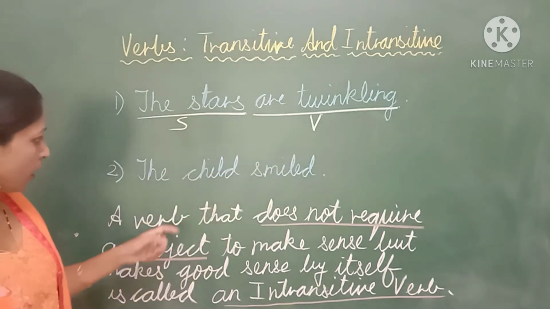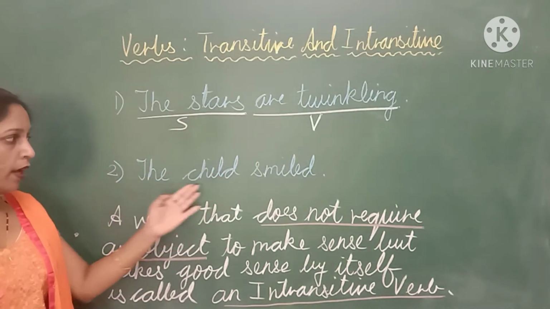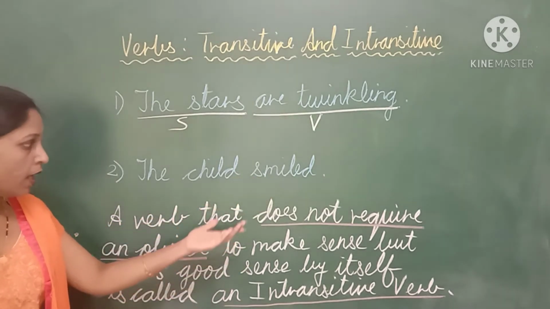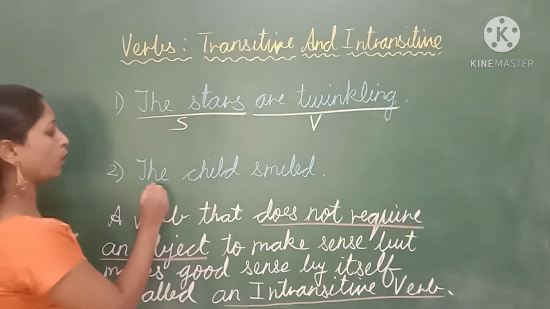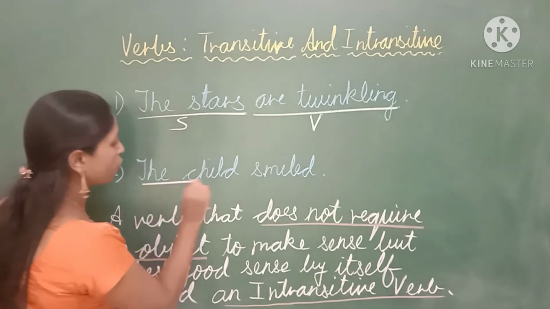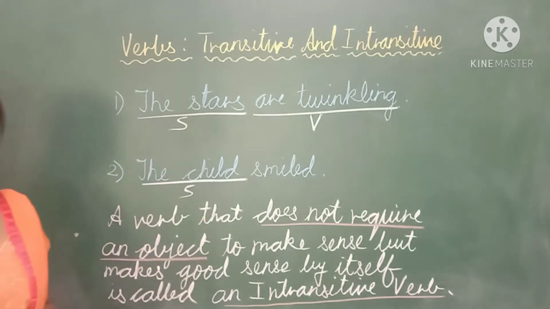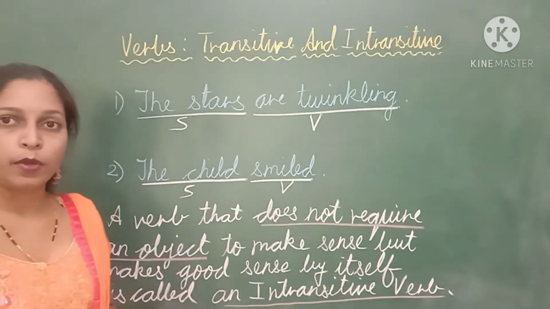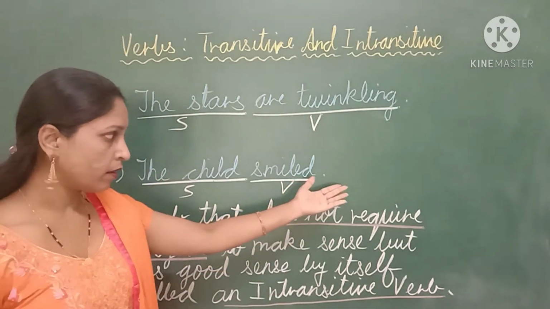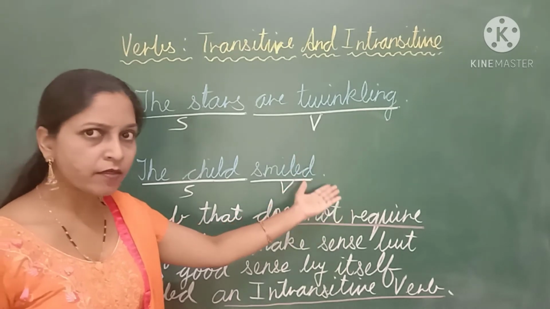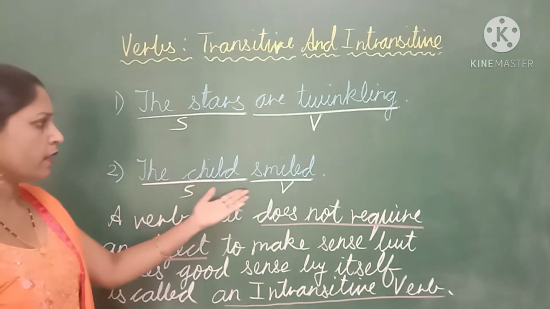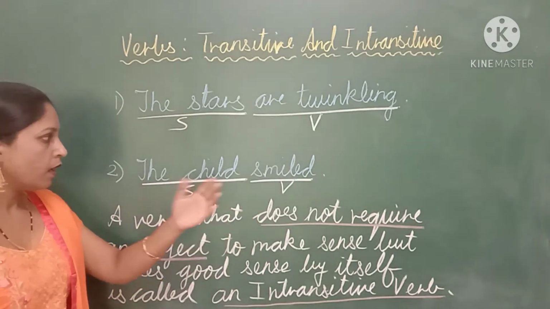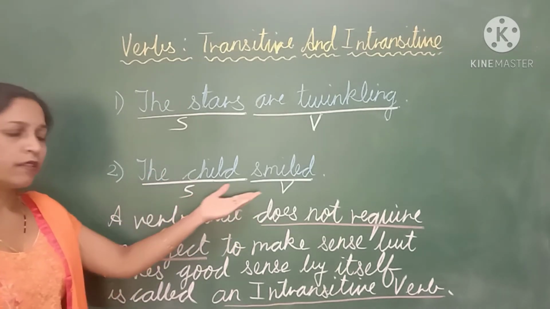Let's see another one. The child smiled. Here again we get a complete meaning. Let's see whether it has a subject, verb or object. The child is the subject. Smiled becomes the verb. Is there any object? No, and not necessary, because it is giving a complete sense. The message is clear that the child smiled.